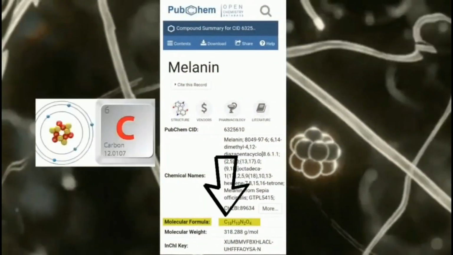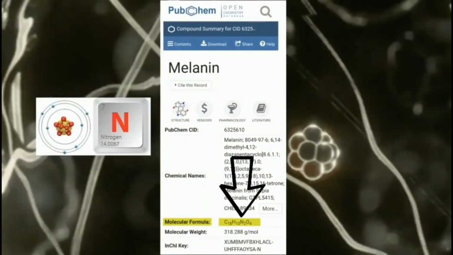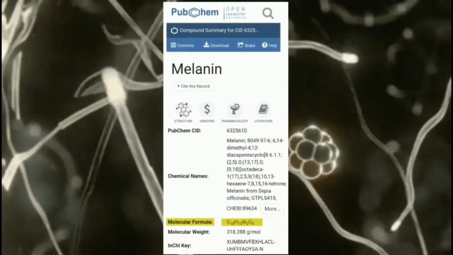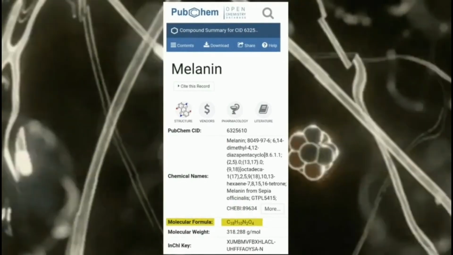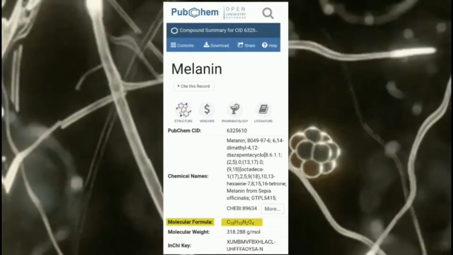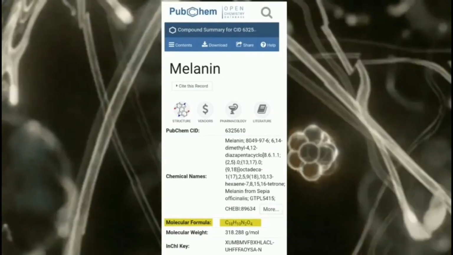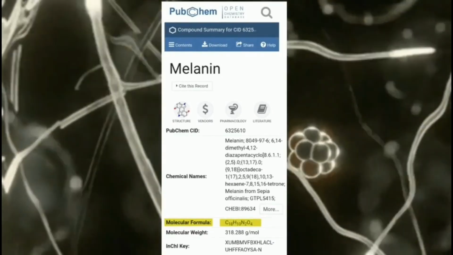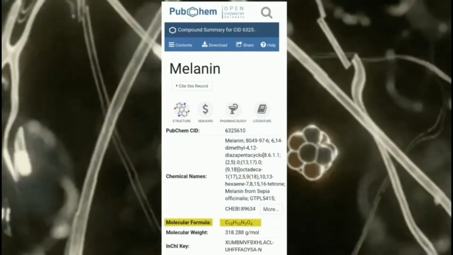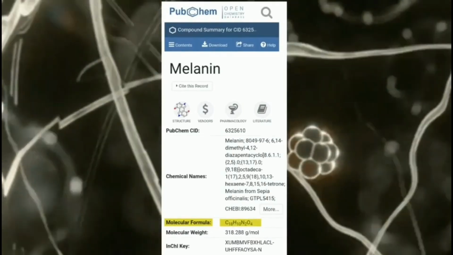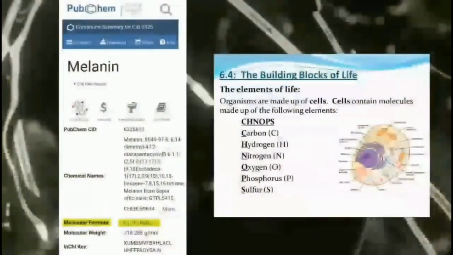So you got carbon, hydrogen, nitrogen, oxygen, all this stuff coming together to create this dark black substance known as melanin. It's interesting because, as we know, the combination of these elements is basically the building blocks of life itself.